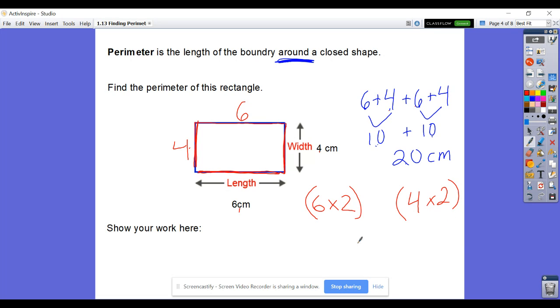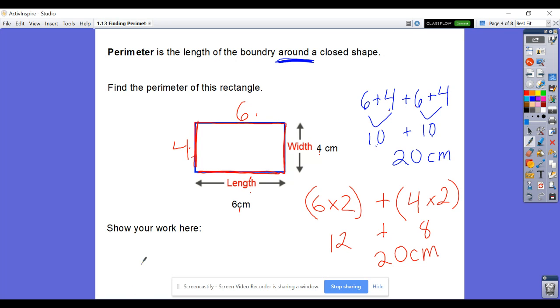Okay, so we could get 12 and 8. And what are you going to do with these two? Yeah, we want to add these up. 6 and 6 is 12. These combine to be 8. And then 12 plus 8 would give us 20. Oh, I heard the units. Awesome. 20 centimeters. I'm going to show you one more way.